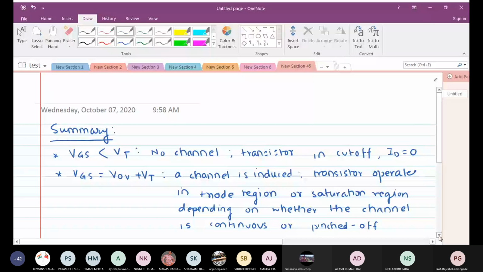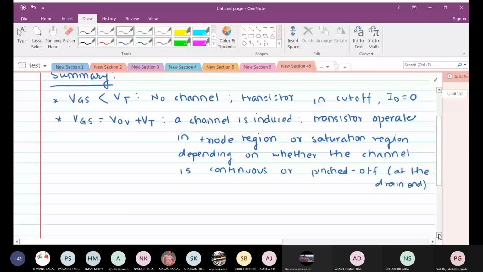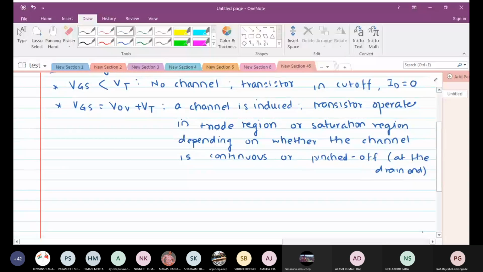Of course, at the drain end. So this actually summarizes our operation.